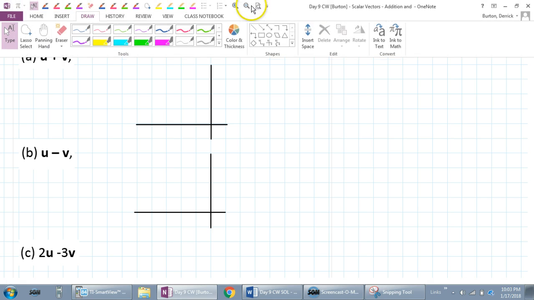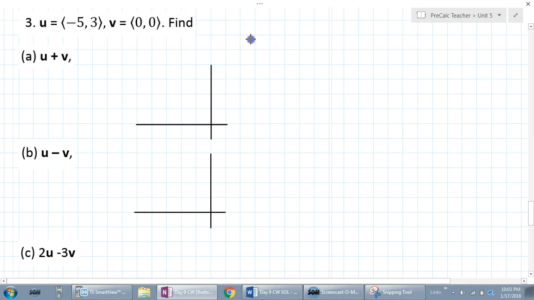Now problem number 3 here is going to seem pretty silly because vector v is vector 0, 0, which is invisible because it has a magnitude of 0. So really, I'm only going to be dealing with vector u.